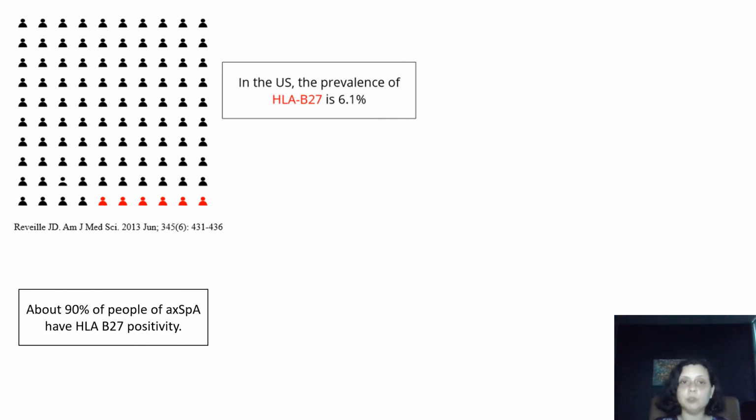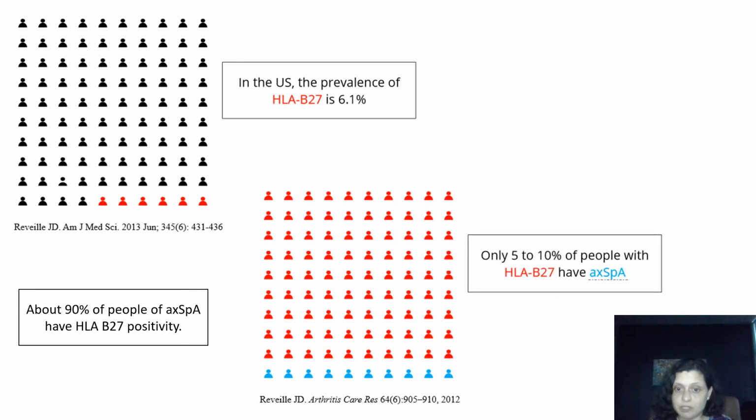Now, in the US, the prevalence of HLA-B27 is 6%, right? So you have 6 people out of 100 who have this gene test positive. But only 5 to 10% of those people who have HLA-B27 positive actually have axial spondyloarthritis.